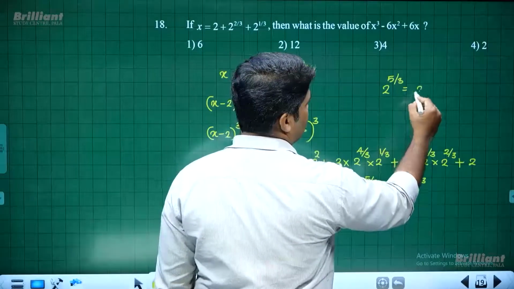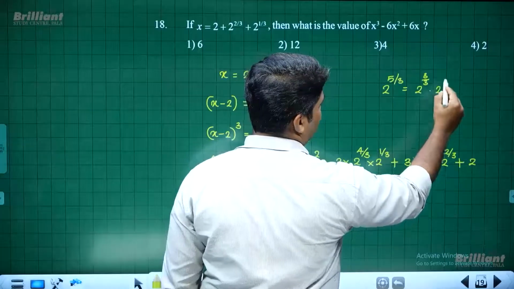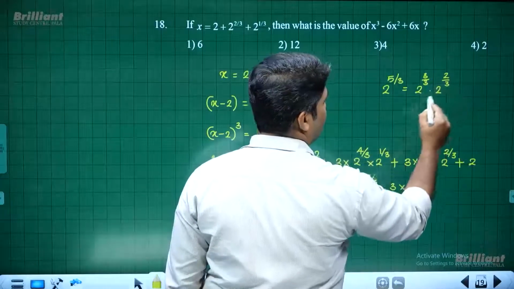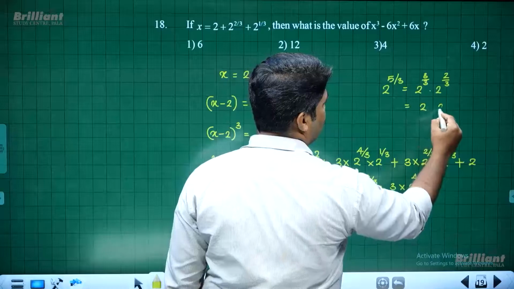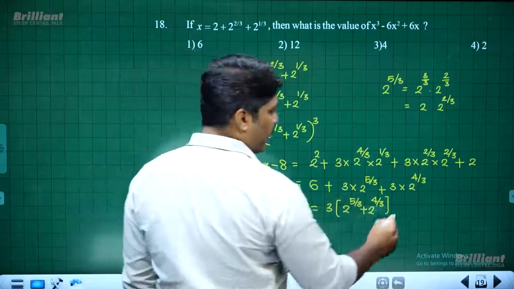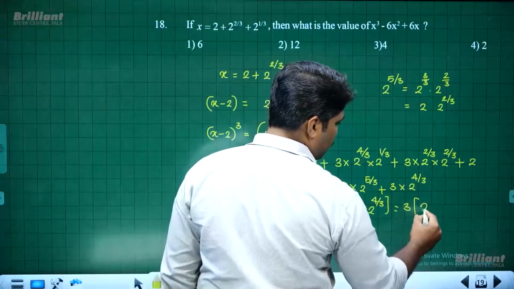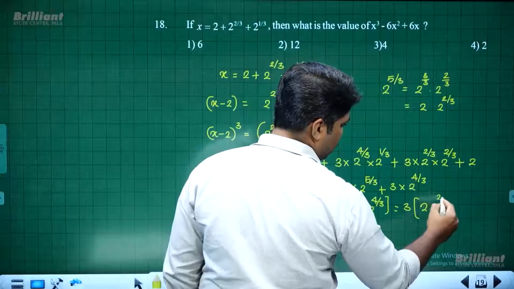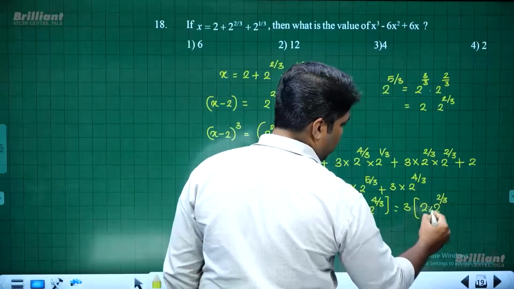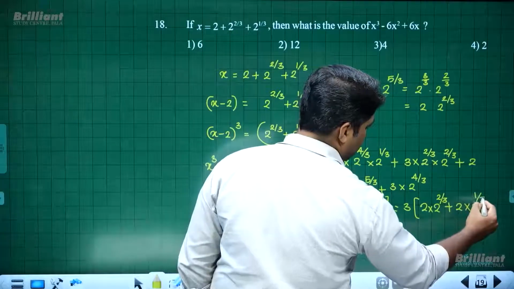So we can write it as 2 raised to 3 by 3 into 2 raised to 2 by 3, or that is 2 into 2 raised to 2 by 3. In a similar way, the second one also we can split. This is 3 into 2 into 2 raised to 2 by 3 plus 2 into 2 raised to 1 by 3.